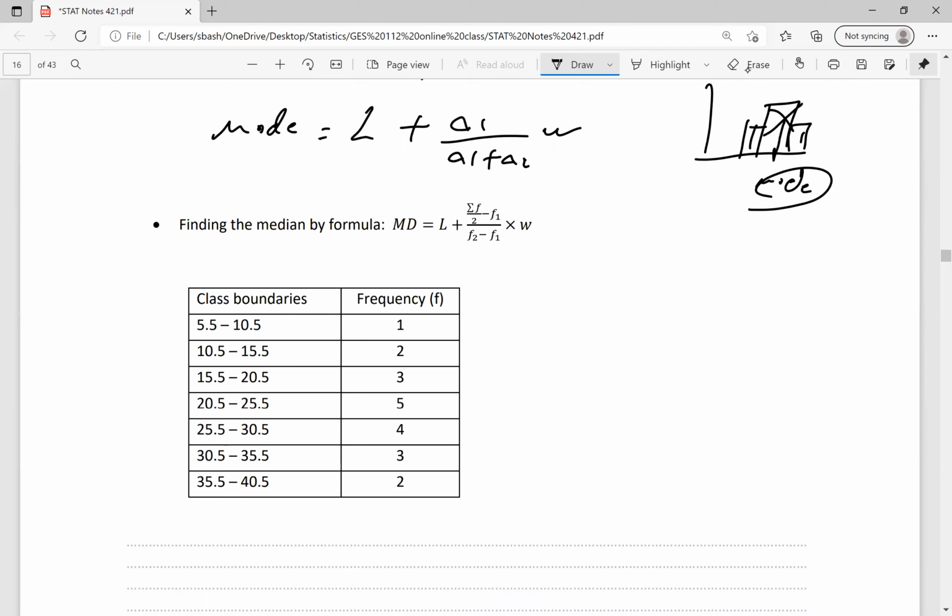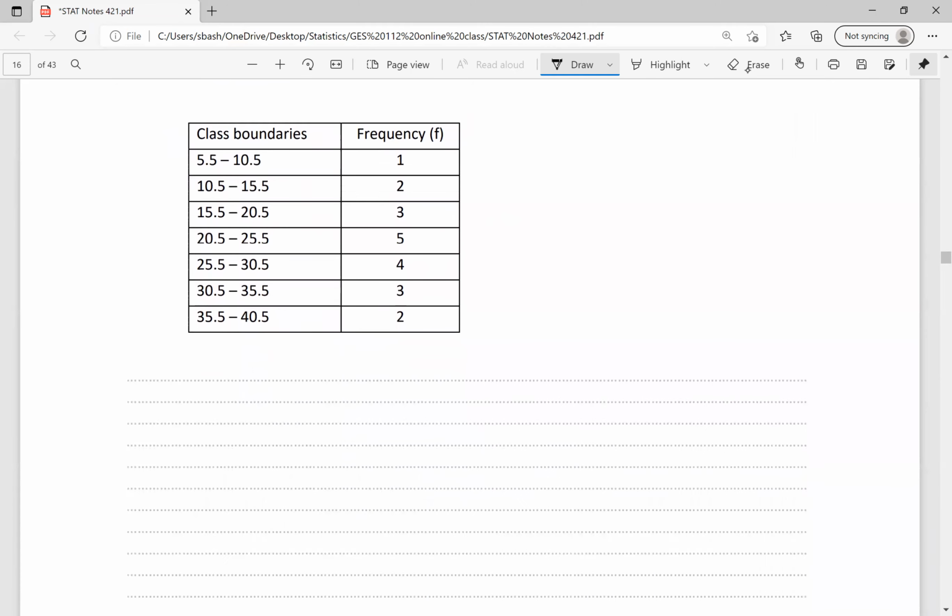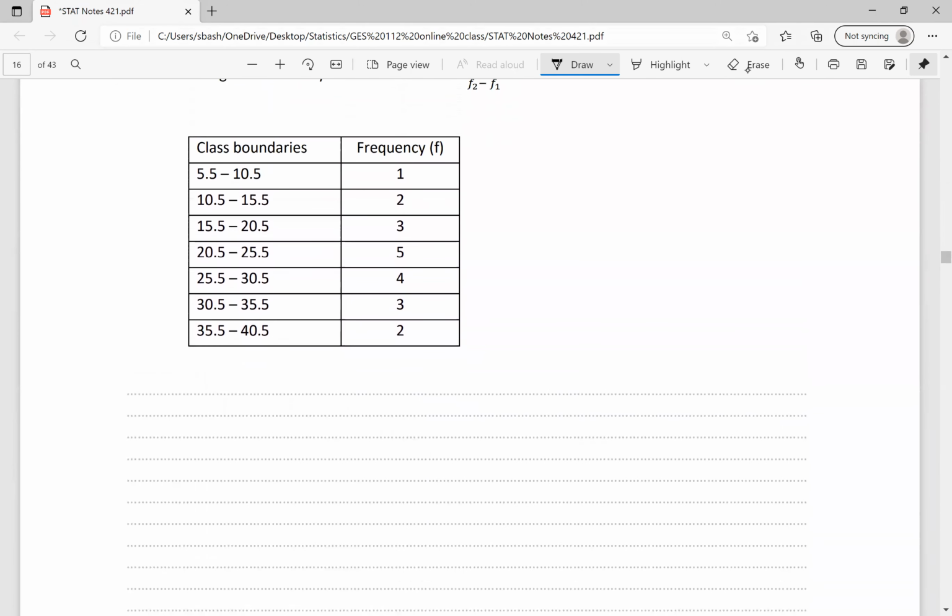Now to find the median of the grouped data, we have to construct a cumulative frequency distribution. This is different from the one for the mode.